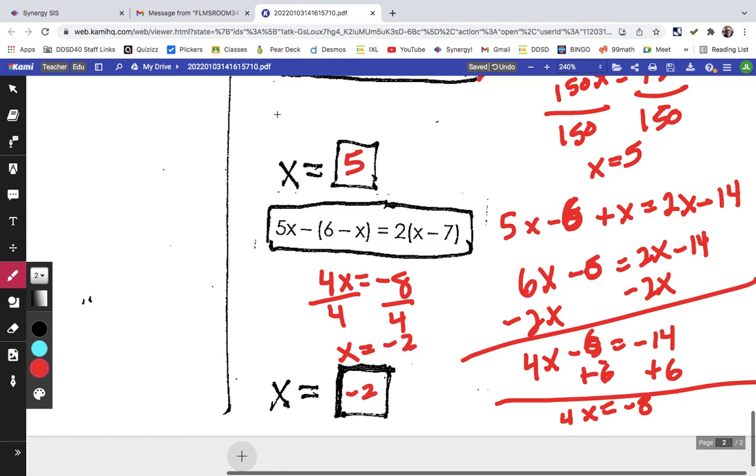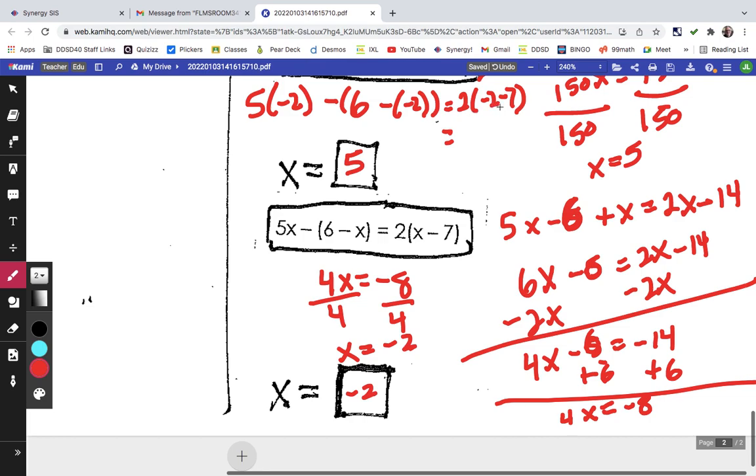And if we want to check that one, 5 times -2 minus 6 minus a -2. And this was in parentheses. Should equal 2 times -2 minus 7.